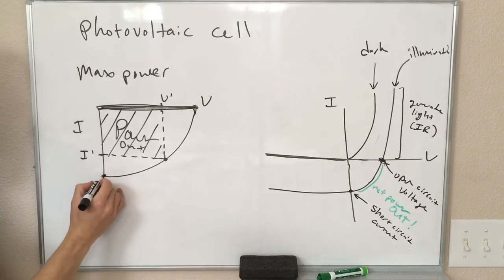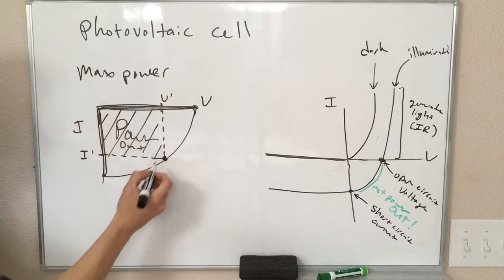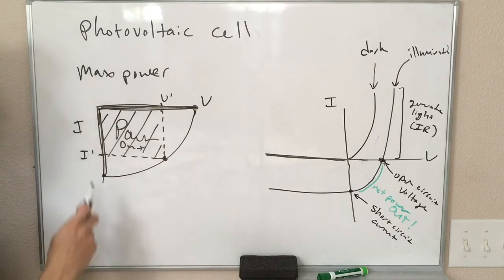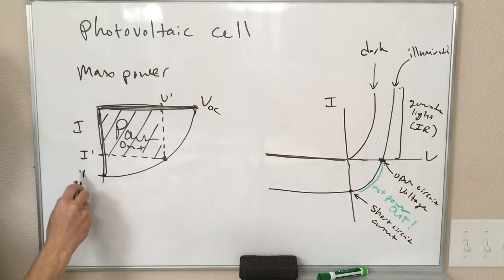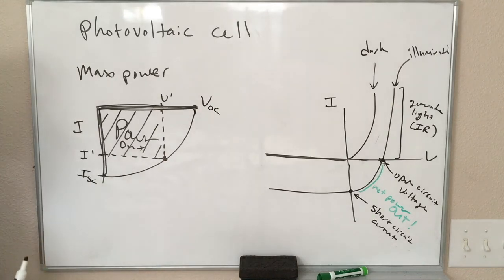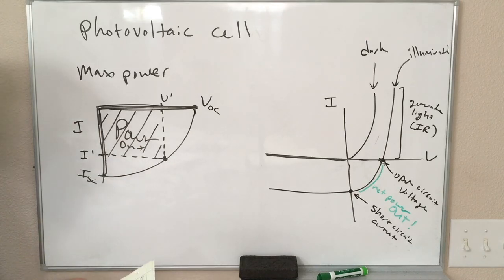Or if we're at this point, the area of this rectangle is 0. It's only for some intermediate voltage and intermediate current, both of those less than the open circuit voltage and the short circuit current, that we get a net power out of the system.